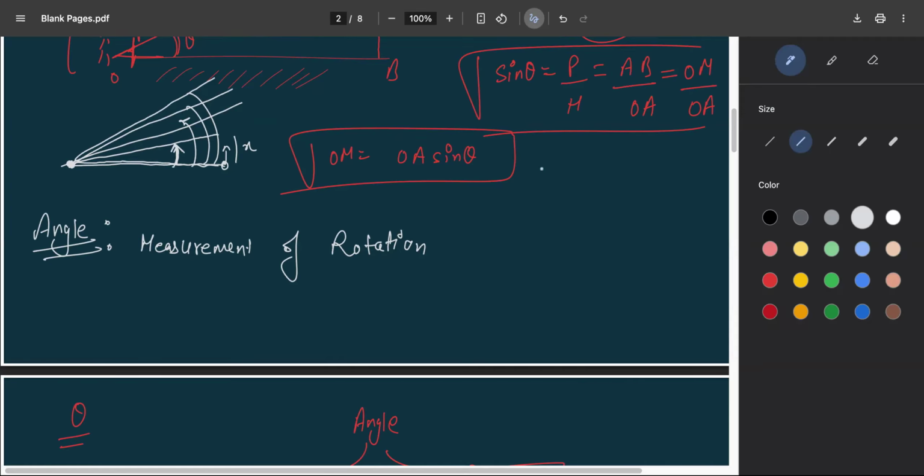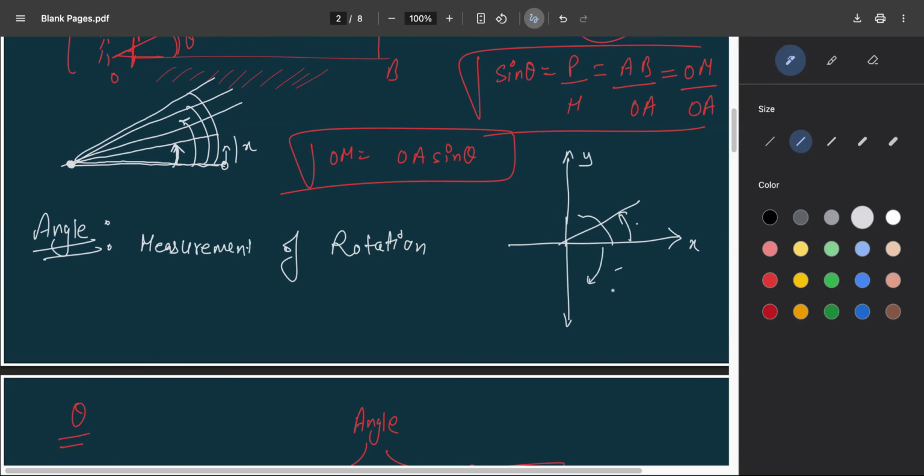Now it's all about how we are going to take an angle. In general, the convention is that if this is the x-axis and this is the y-axis, most of the time the angle is taken from x to y. Whatever angle you take from x towards y is taken as positive, and the bottom is taken as negative. Why?